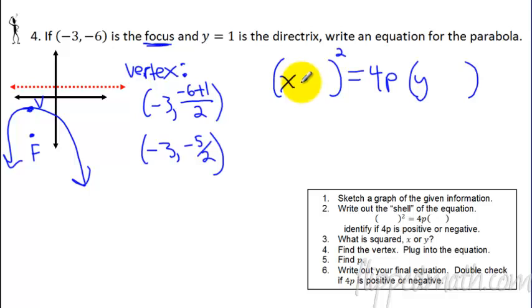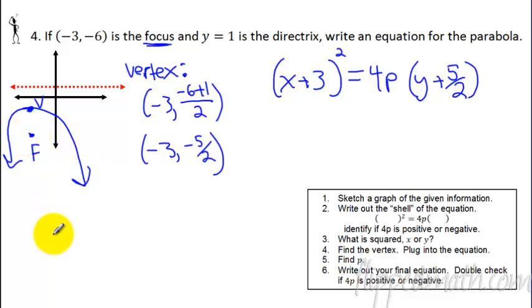So then we can come over here to the vertex, and you say x plus 3 and y plus 5 halves. Okay, we're getting there. Now you just need the value of p. So what is the value of p? What's this distance right here from that vertex to the focus?